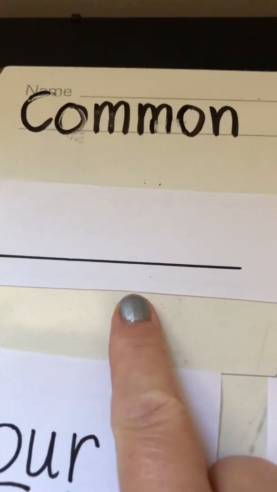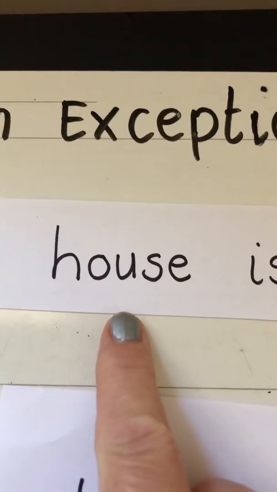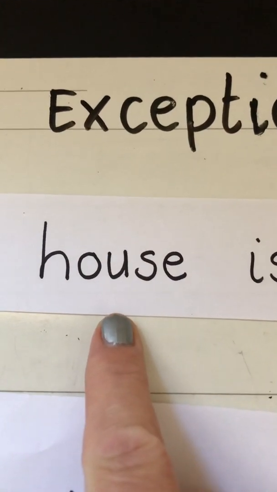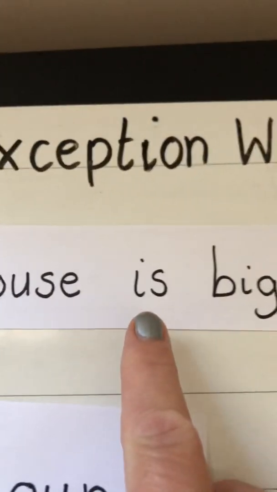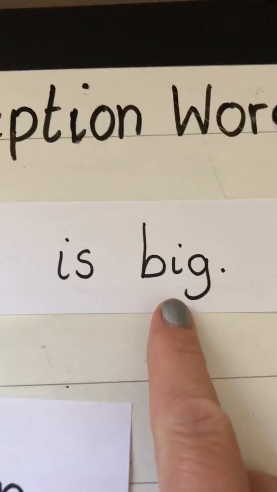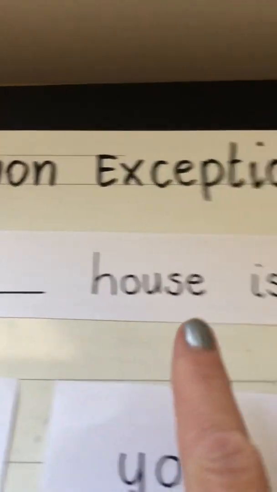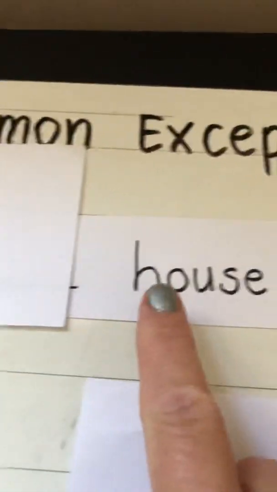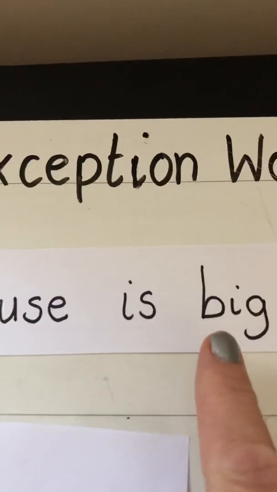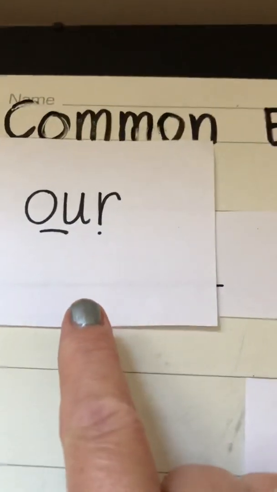Missing word at the beginning. Ooh, that was a common exception word last week. House is big. Let's try our house is big. Does that make sense?